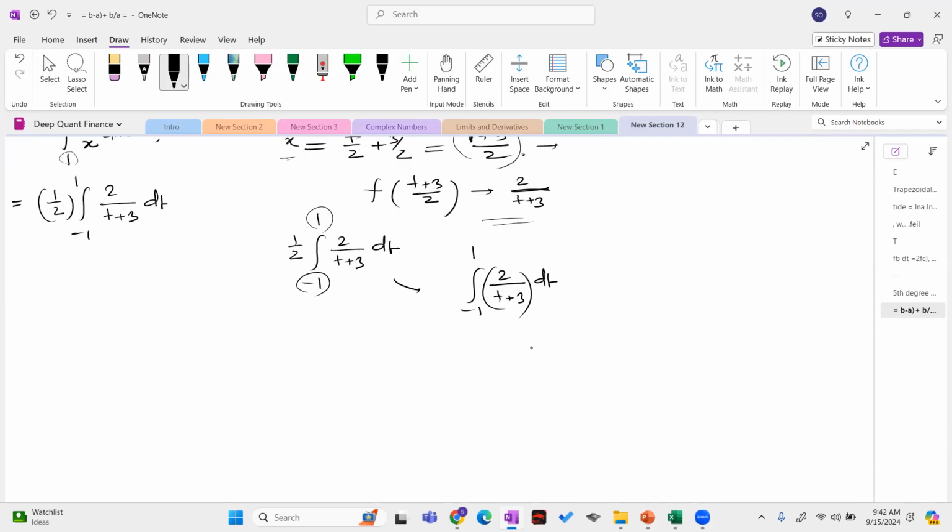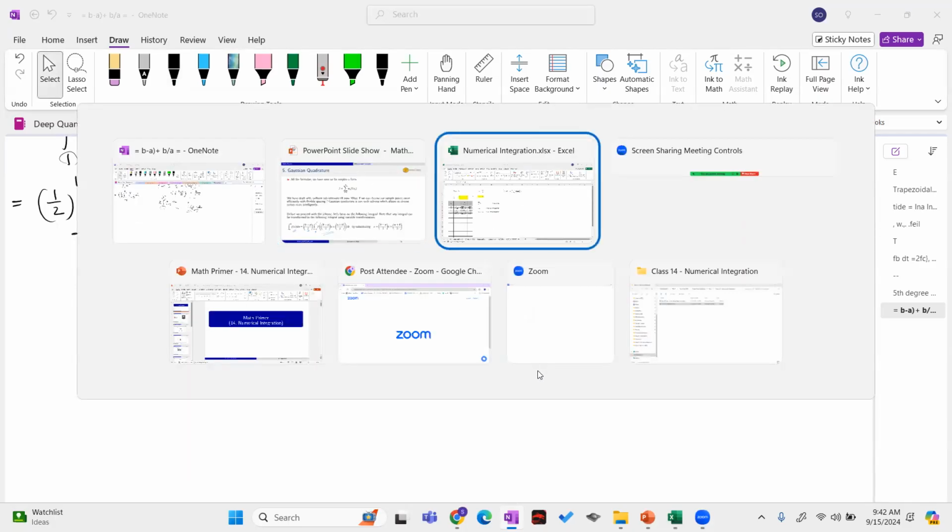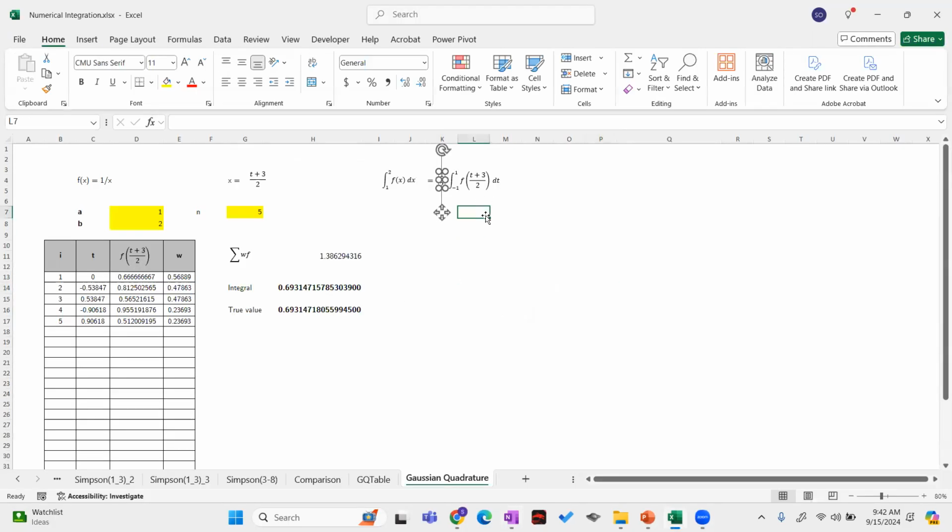So let's just do this. Now we'll go back to Excel. So I've written it here, right? Ultimately, this original integration transforms into half integral minus 1 to plus 1 f of t plus 3 by 2. In fact, I can remove this and just directly write this is nothing but 2 by t plus 3, right? Oh my God, I am not able to see my ribbon.